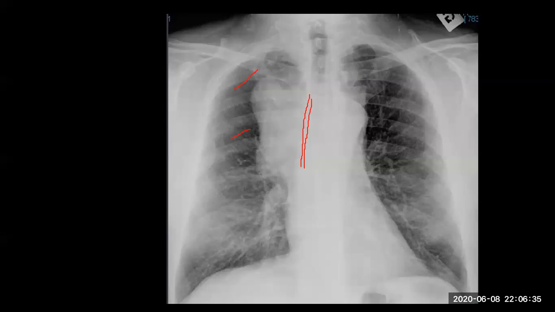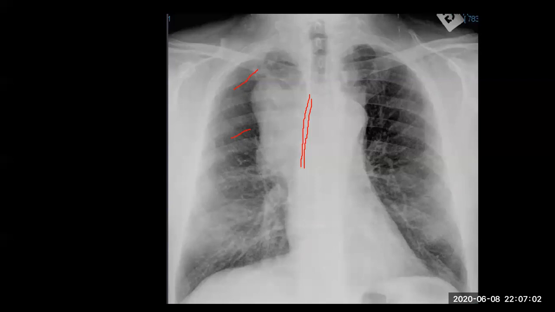Another sign. You see here the mass is well defined, but we don't see the upper portion of the mass where it reaches the clavicle. So this is another sign: the mass is not intrapulmonary. What do we call this sign?